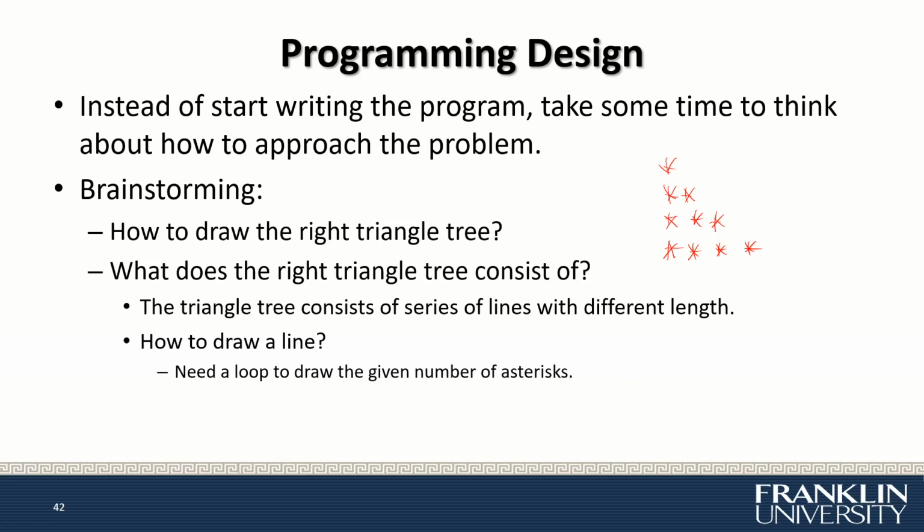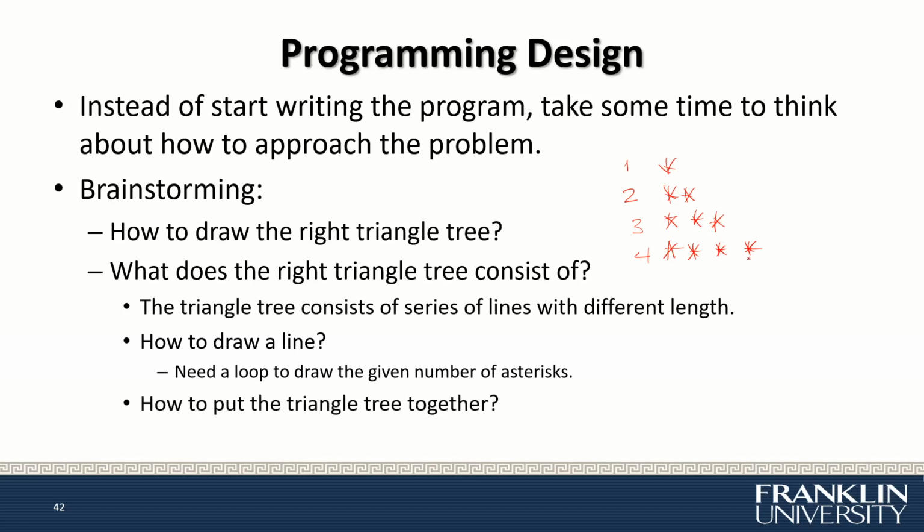Every time you need to repeat some action, you need a loop. Here I repeat 1 time, 2 times, 3 times, and 4 times. Every time you need to repeat some action like drawing a number of asterisks, you want to use a loop.